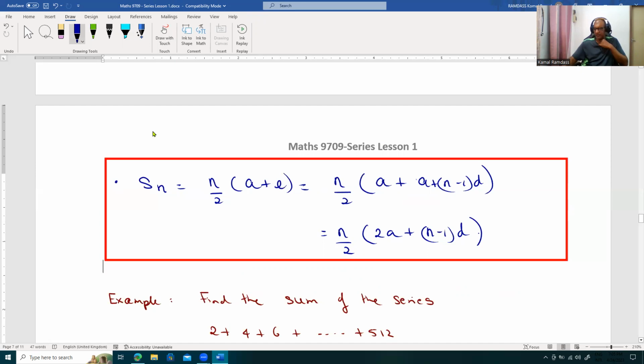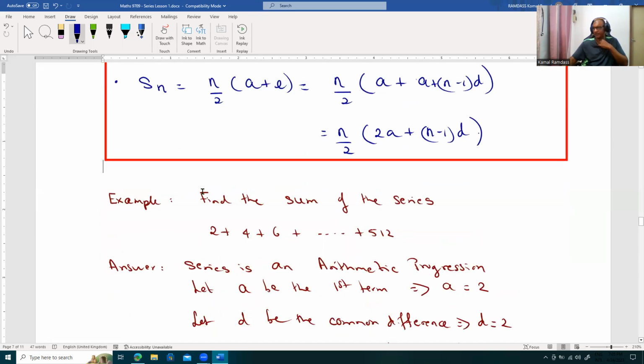Now, an example. Find the sum of the series 2 plus 4 plus 6 plus, and so on, up to 512. First, we must recognize that the series is an arithmetic progression, an AP.